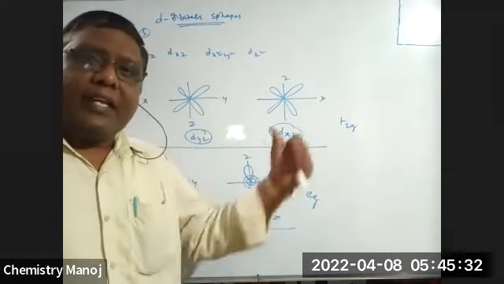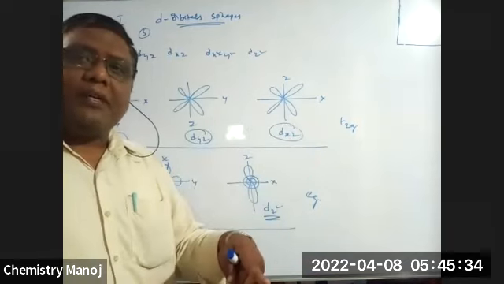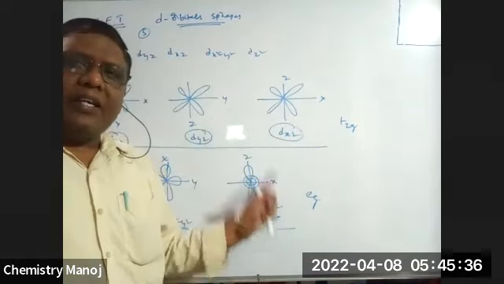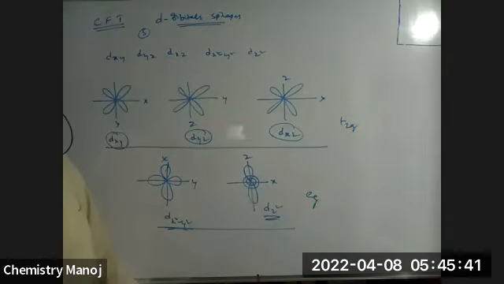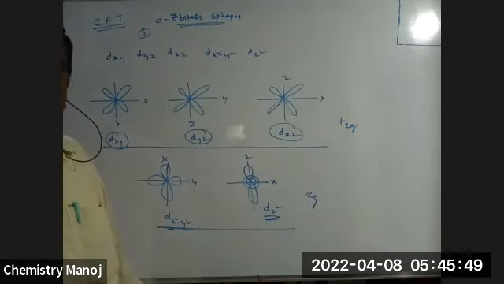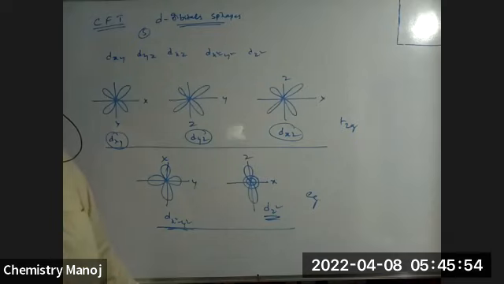In the absence of ligand, all five orbitals have the same energy and are equal. But in the presence of ligand, they are triply degenerate and doubly degenerate. Clear? In the presence of ligands, all five are not degenerate, but in the absence of ligands, they are degenerate. Do you have any doubt up to now?